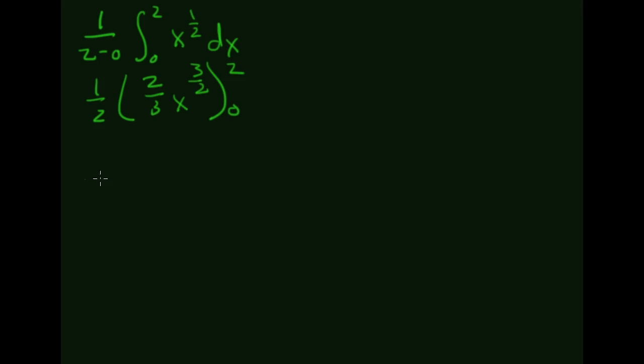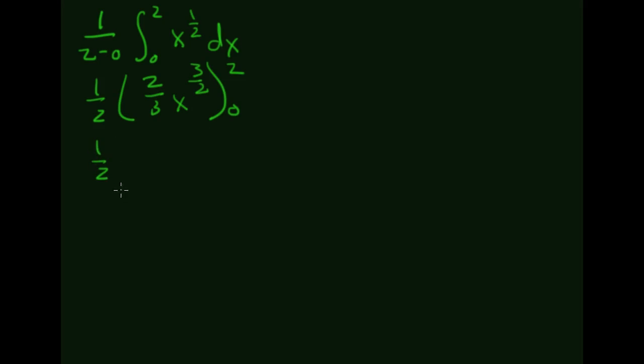All right, so number two is the average value of the square root of x over the interval from 0 to 2. So that's 1 over 2 minus 0, integral from 0 to 2 of x to the 1/2 dx. So that's 1/2 times 2/3 x to the 3/2 from 0 to 2.